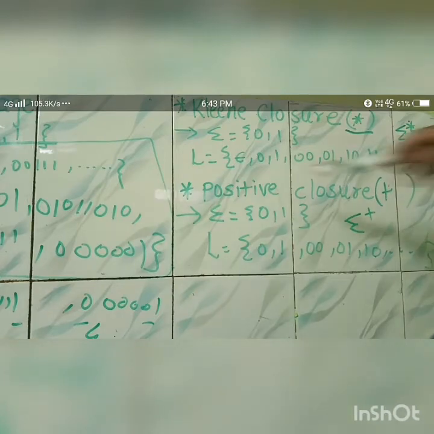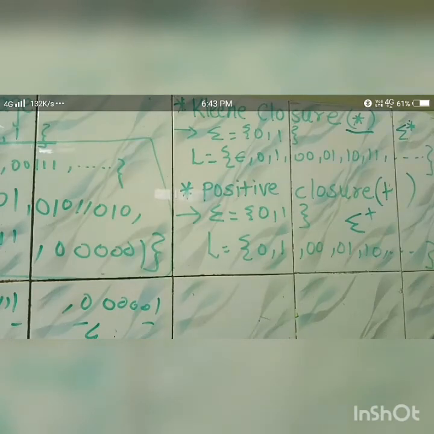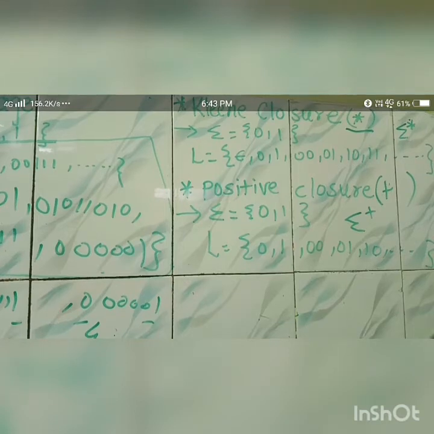Like 0 or 1, we are making combinations of these, but with a necessary condition, and it is a compulsory condition for designing any Kleene closure of an alphabet. We start it with epsilon, and while designing positive closure, we exclude the epsilon symbol. So these are some key concepts behind the Kleene closure and positive closure.